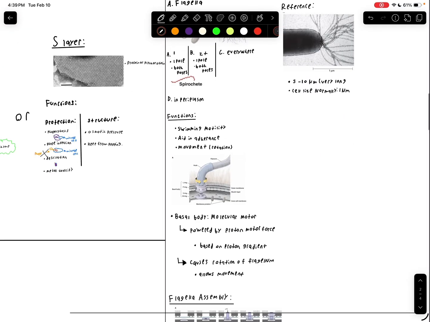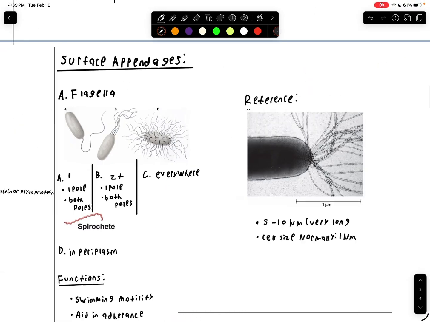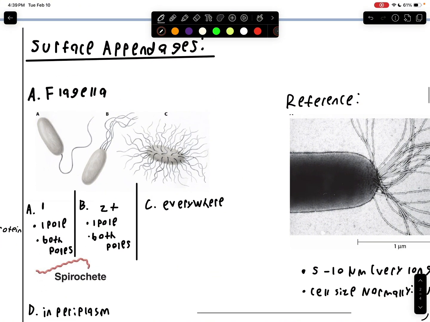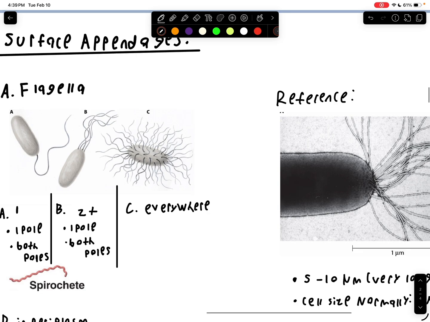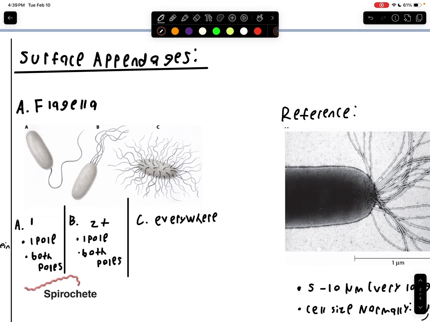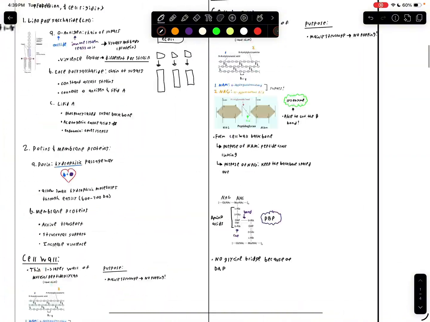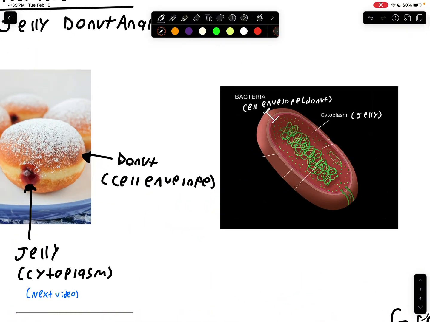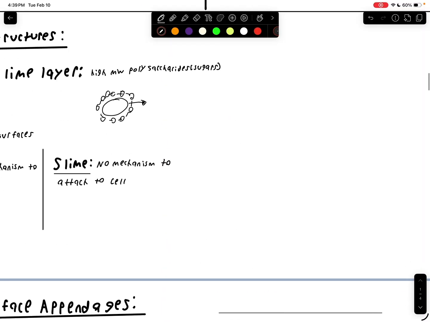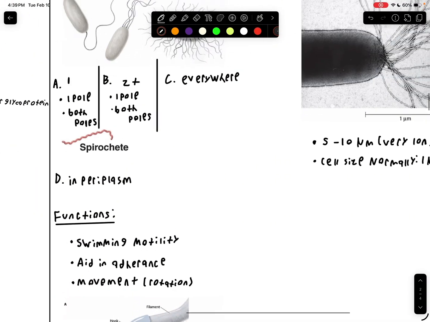The other thing that you could have is what we call appendages, right? So our appendages would be our arms or our feet that allow us to move. Bacteria, and technically Archaea, but we won't get into Archaea, have surface appendages. So remember how we talked about this jelly donut, right? If you have your powder or whatever it is, these are things that are sprinkled on top of the cell envelope, right?